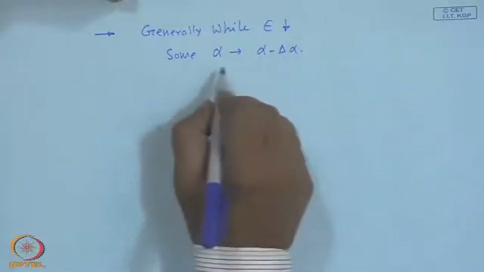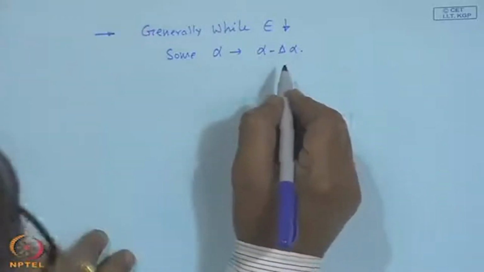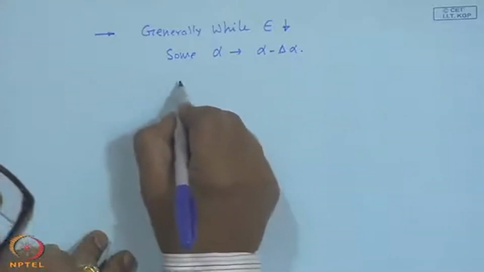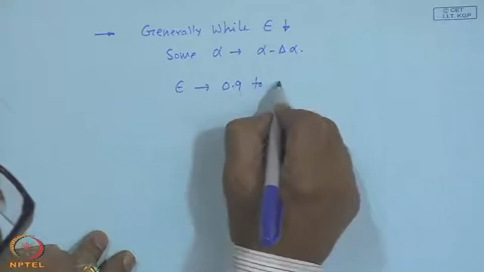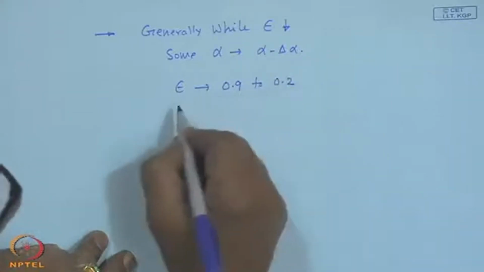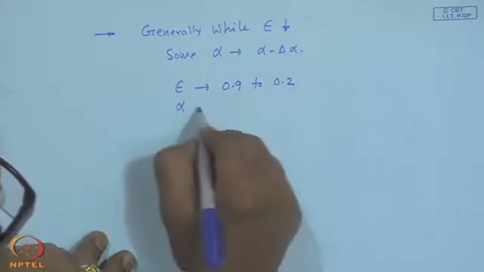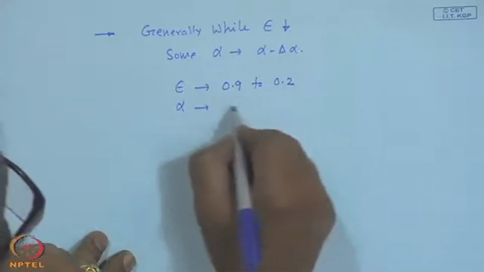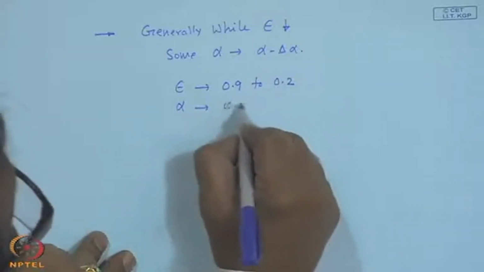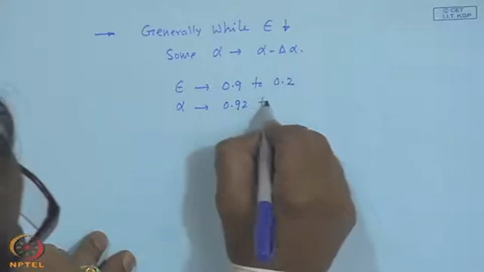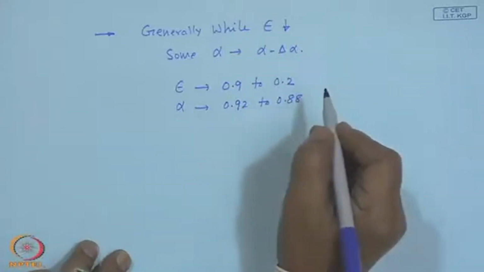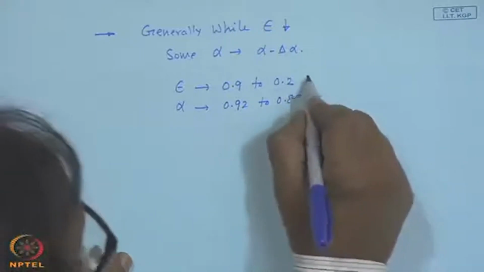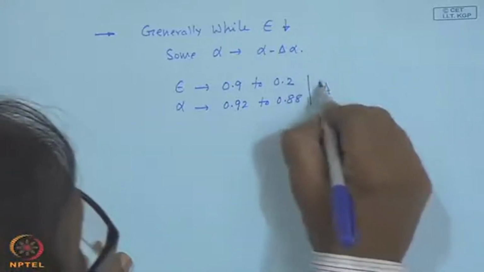So, people will sometimes be tempted to be happy that epsilon has gone down from 0.9 to 0.2, whereas in the same process alpha has gone from 0.92 to 0.88. This is a selective surface.